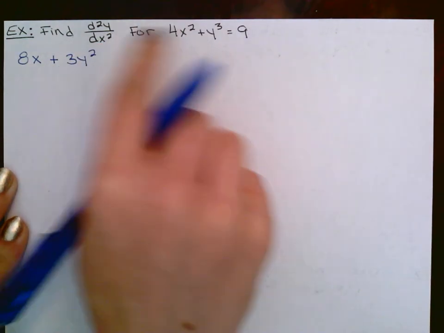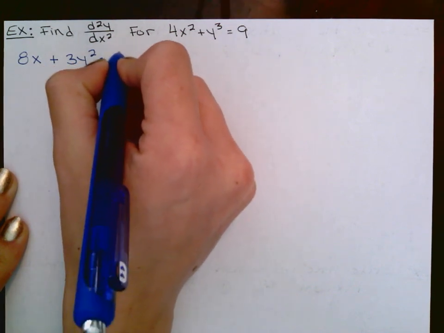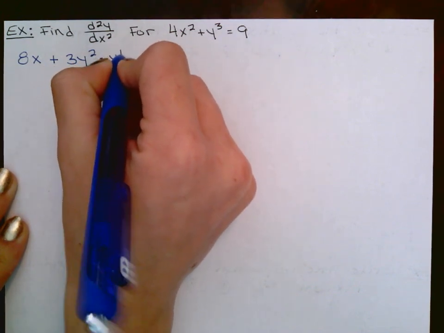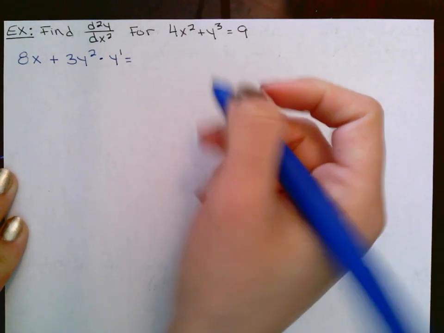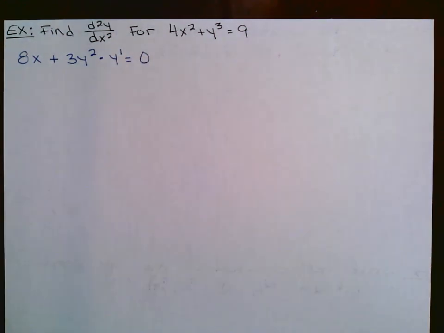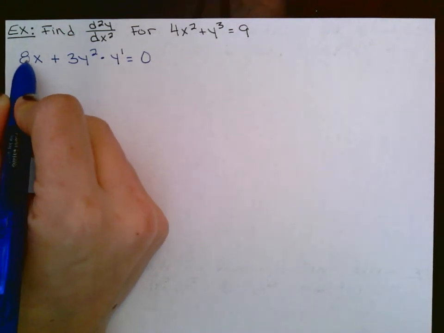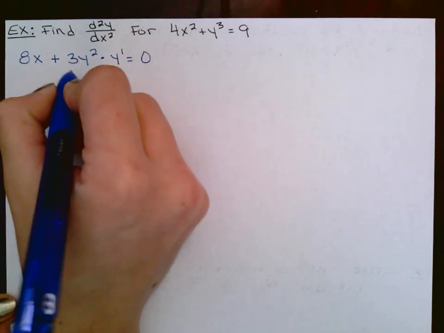Because it's a different variable other than x, I have to include implicit, okay? And then equals derivative of 9. 9 is just a constant. We get 0, okay? We're going to take the same exact steps that we did on the last question and isolate y prime. So I'm going to subtract this 8x over, and then I'm going to divide by this 3y squared.